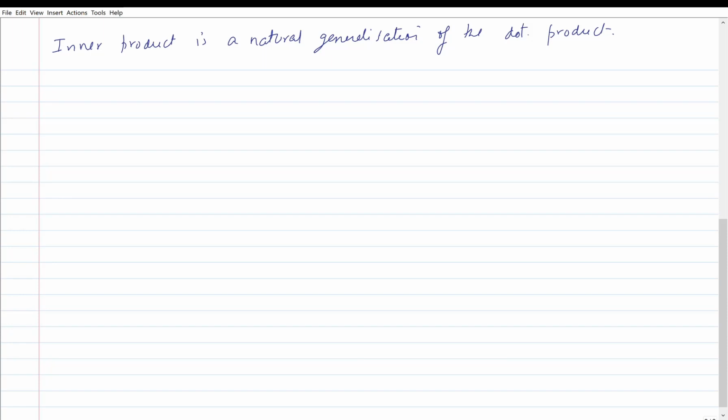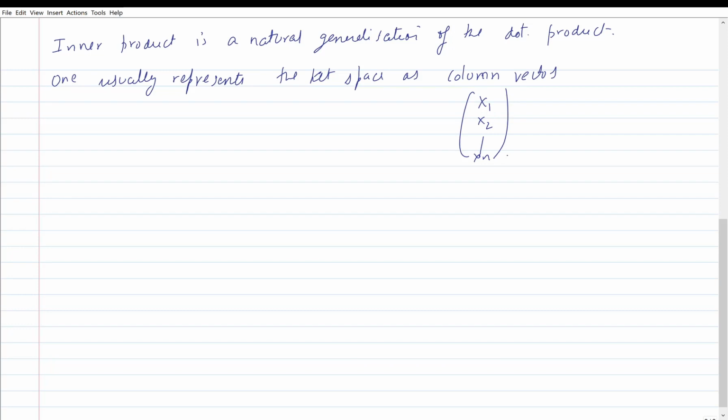One usually represents the ket space as column vectors, and the bra space as the complex conjugate transpose, the row vectors, where each element is complex conjugated.